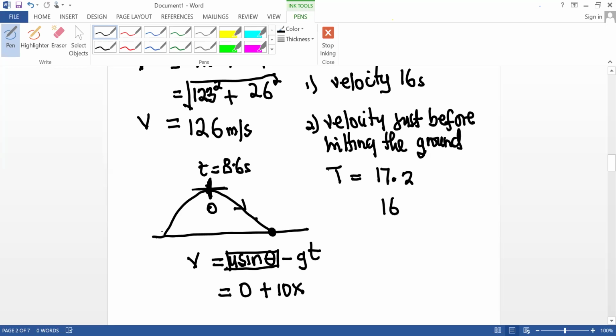16. If from the point of throw to the maximum height it is 8.6, then what is the time remaining?